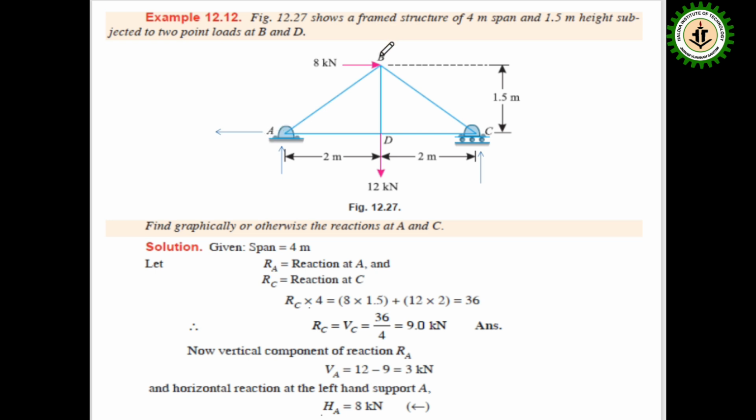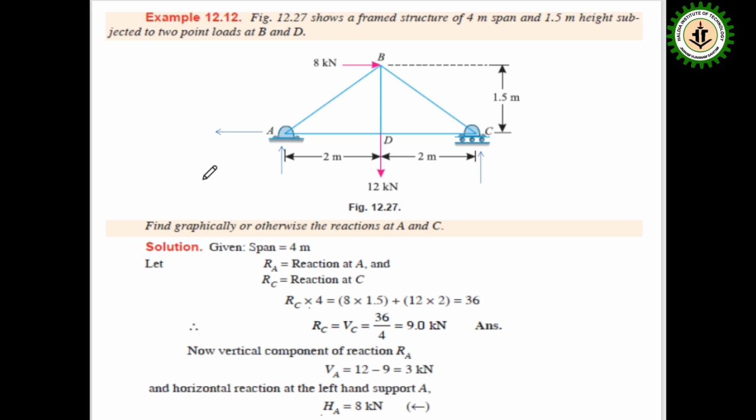Here AB is a member, BC is a member, CD is a member, AD is a member, BD is a member. We can also calculate which type of force it is, whether it is a compressive force or a tensile force applied to the member.